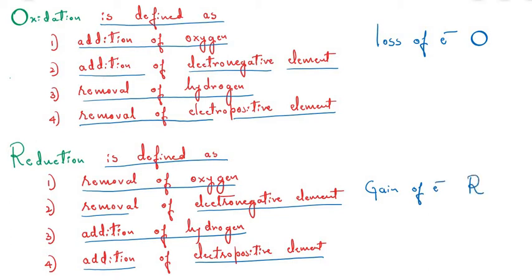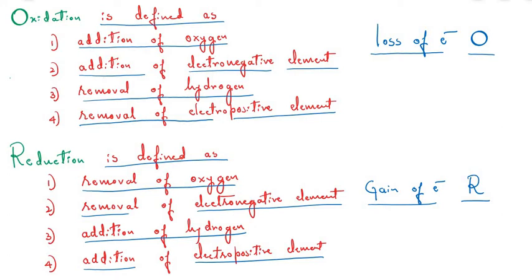So these are the two terminologies with respect to the modern concept of oxidation and reduction. I repeat it once again. Loss of electron is called oxidation, and gain of electron is called reduction. Is it clear, students?